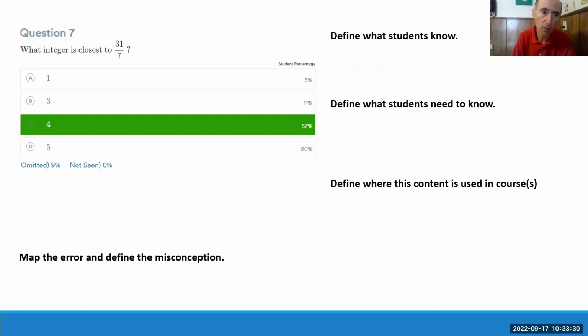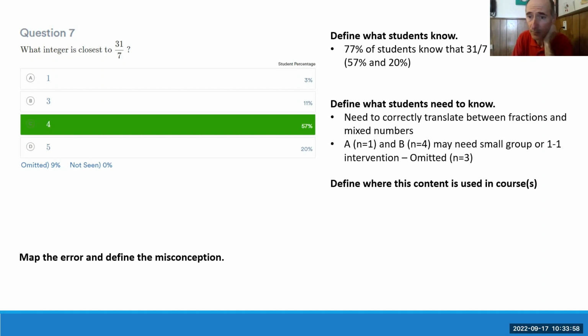Okay, so for example, in the problem that we saw before, what integer is closest to 31/7, you can try to figure out what students know. Most of the class, those who chose 4 and 5 as their choice, they know that 31/7 is between 4 and 5. So that's a good thing, and it's a good thing you can build on.